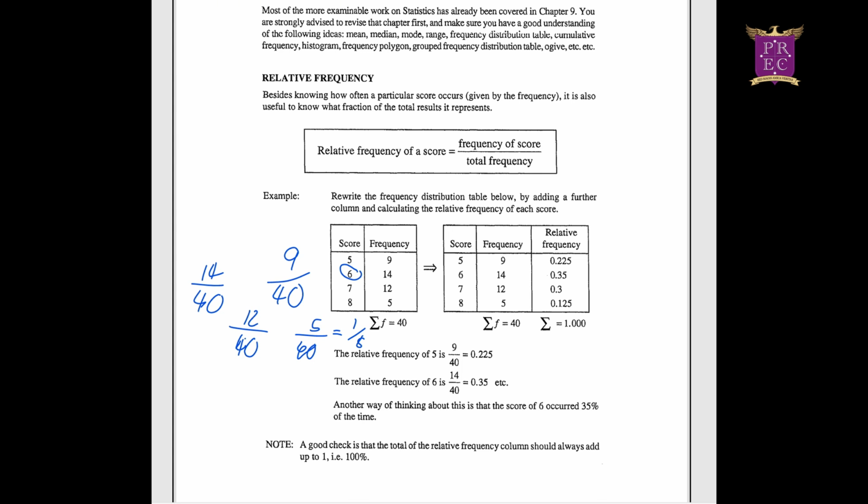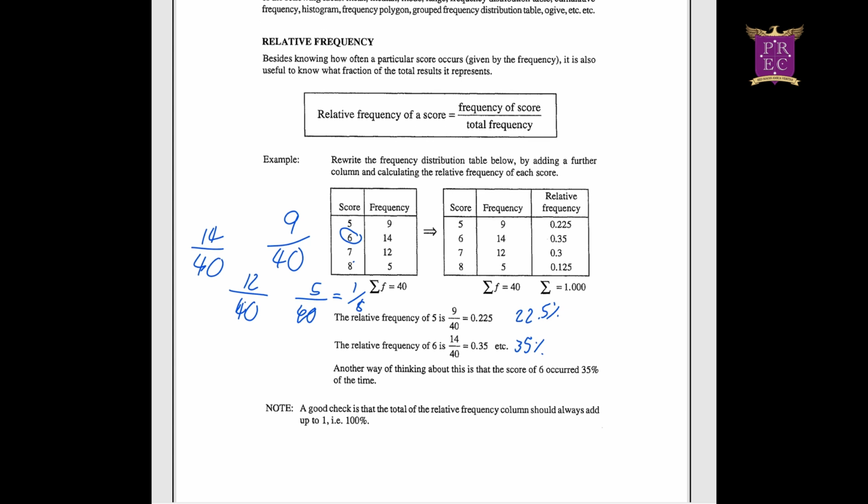Also, another way of thinking about it is that the number of times that the score 5 has occurred is 22.5%. Okay? Or the number of times that 6 has occurred is 35%. Or the number of times that 8 has occurred is 1 in 8. Okay, that's another way to look at it.